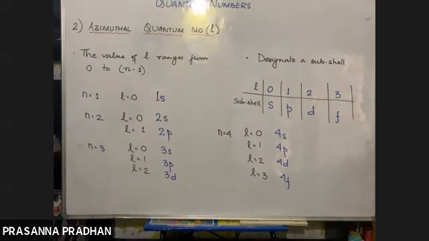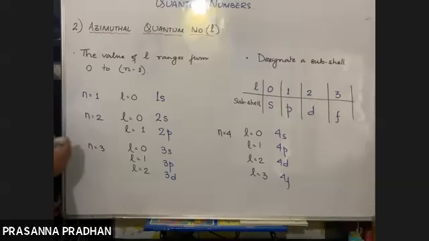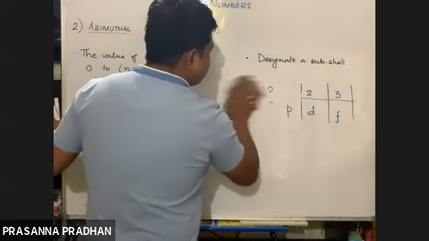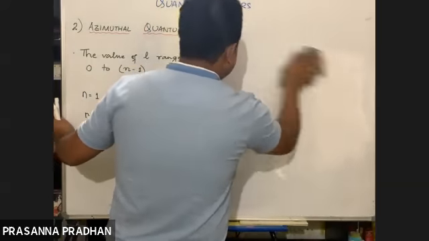Is it understood till here? These are the informations provided by the azimuthal quantum number.